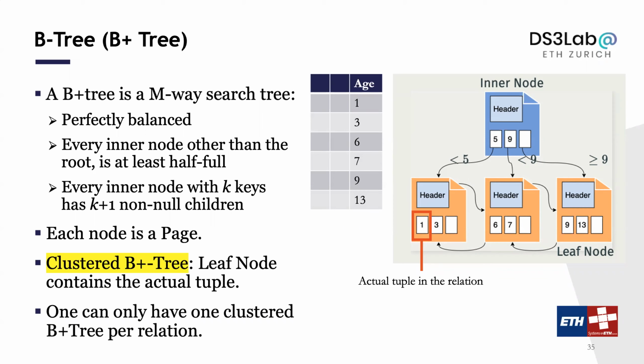So one thing is that you can only cluster the relation in one way, right? That is why you can only have at most one clustered B tree per relation, and you cannot have two clustered B trees per relation, because I can only store the relation once, right? So you either cluster in this way or the other way. So you can have multiple unclustered B trees over the same relation, but you can only have one clustered B tree over the same relation. Make sense?